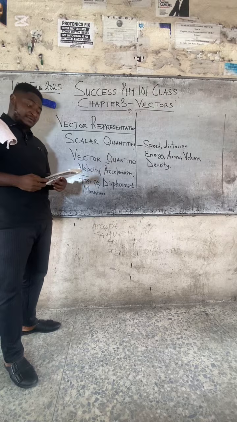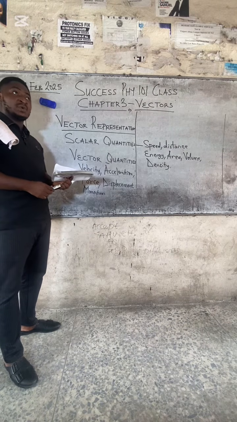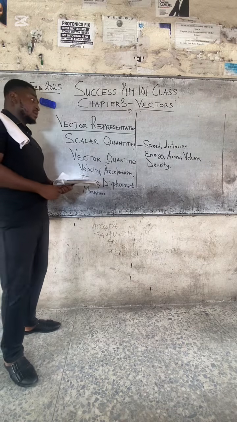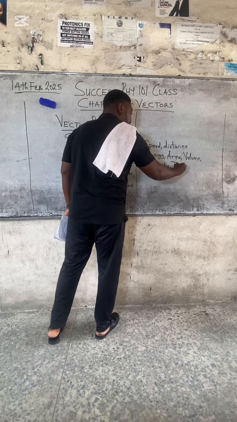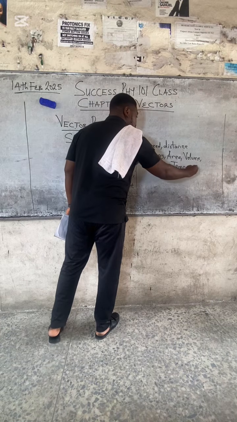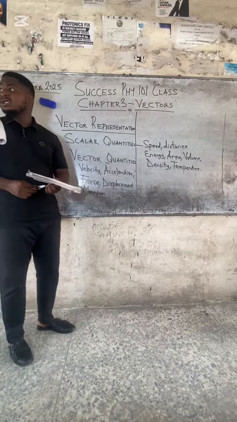Class, is temperature a scalar or vector quantity? Temperature is a scalar. Have you ever been given temperature and given a direction before? No. So temperature is a scalar quantity.